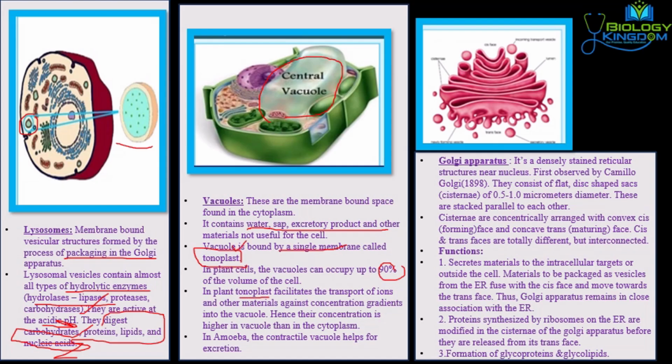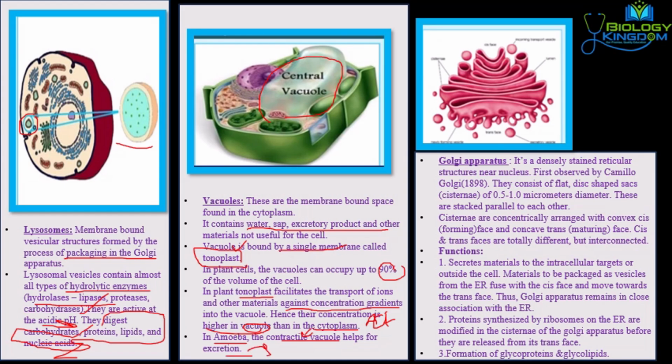And this tonoplast, which is present as a single layer, helps in the movement and transport of ions against the concentration gradient. So it is a form of active transport here again, as discussed in the earlier slide. So the concentration in the vacuole is always higher compared to cytoplasm. The best example is in amoeba, where the contractile vacuole helps in the process of excretion.